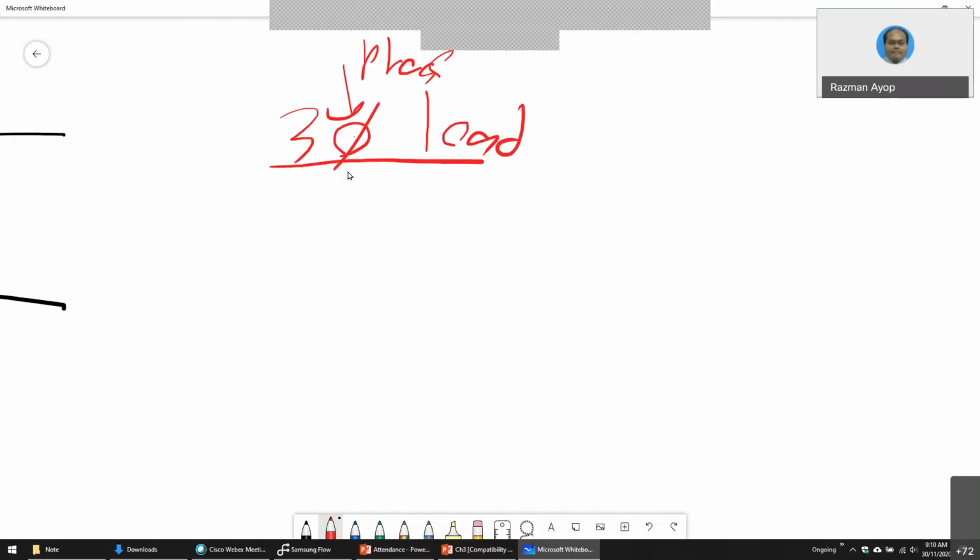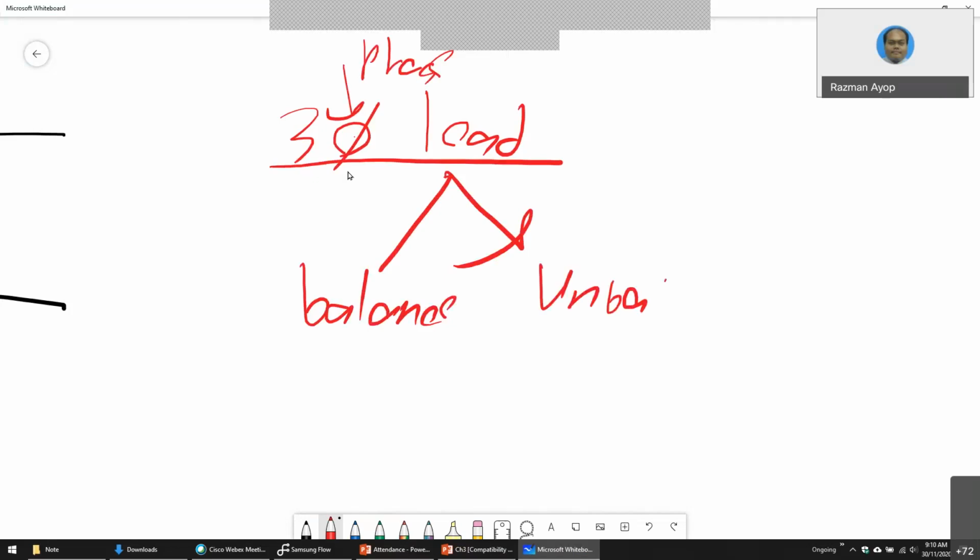You have load for three phase load. Three phase load basically has two types, balanced and unbalanced.